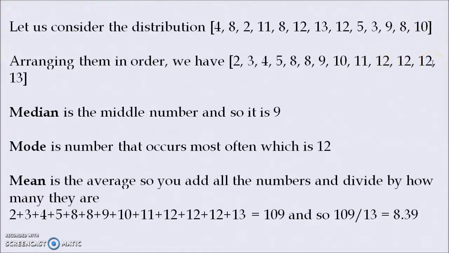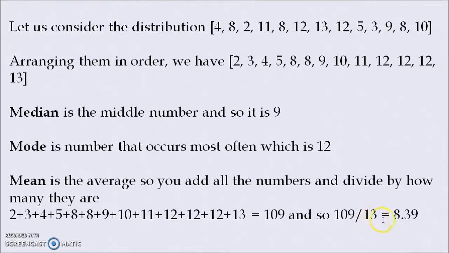That means there was a big disparity in the class because a lot of students scored 12, even though the median lies at 9. But now the median is not really giving me an idea of the average performance of the class.